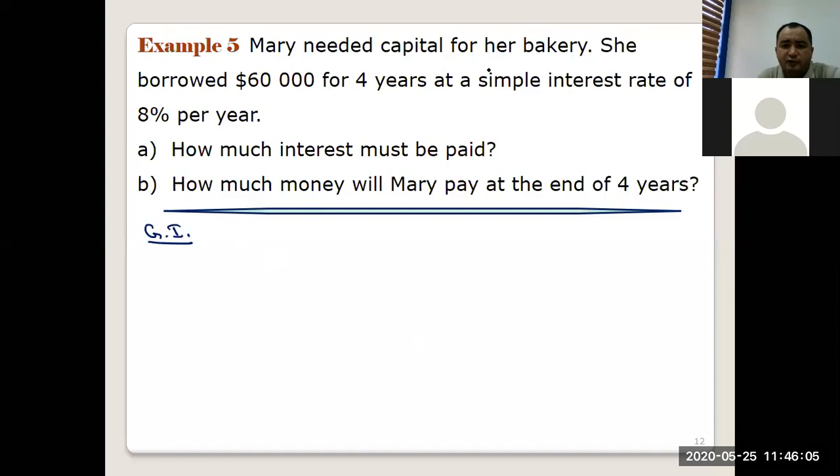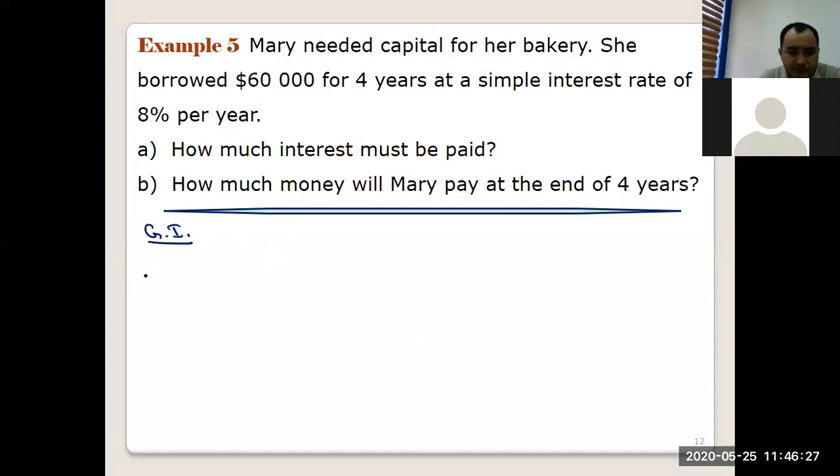Mary needed capital for her bakery. Mary is maybe a graduate student or just a student or a person who's going to start a business. So she may not have enough money, and she's going to do a bakery business. She borrowed $60,000 for 4 years at a simple interest rate of 8% per year.